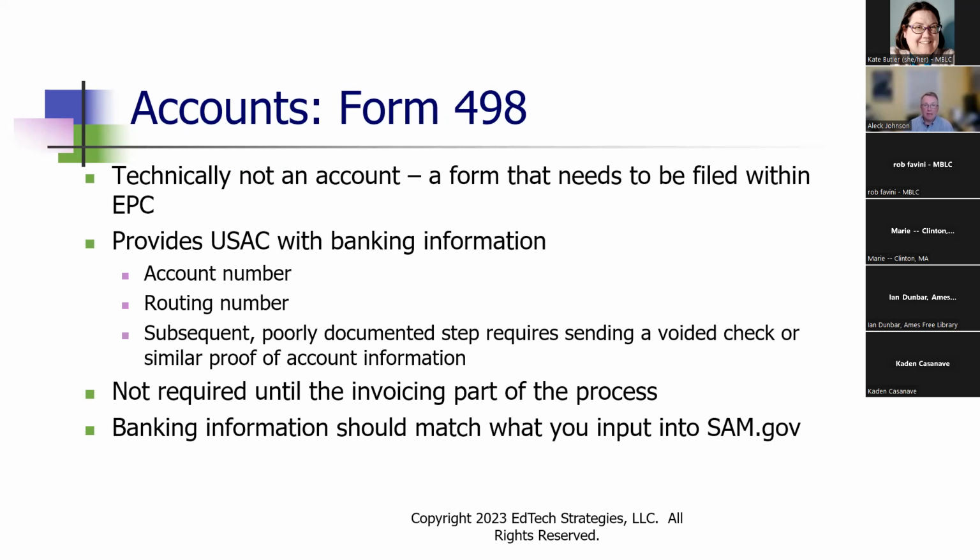But if you are going into EPC and you wanted to file your Form 498, you can do that at any time. Basically, the process is that you fill out the Form 498, which includes basically just your contact information, your bank account number, and your bank routing number.